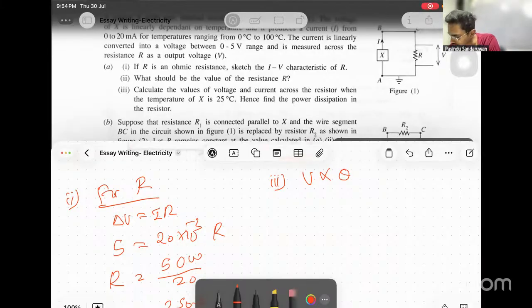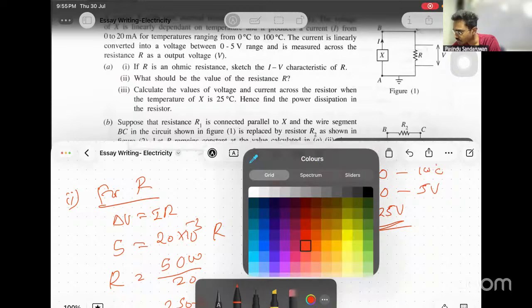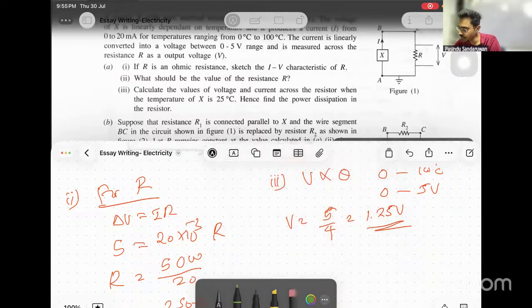When temperature varies from 0 to 100, voltage varies from 0 to 5. Then if temperature is 1/4, voltage should be 1/4. Then the new voltage is 5 over 4, 1.25 volts. It should follow the same ratio.